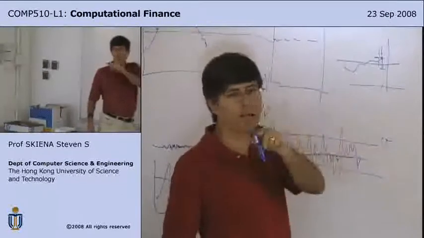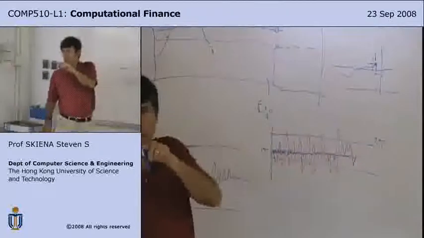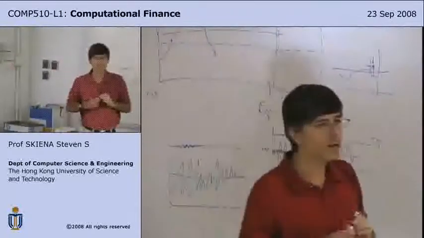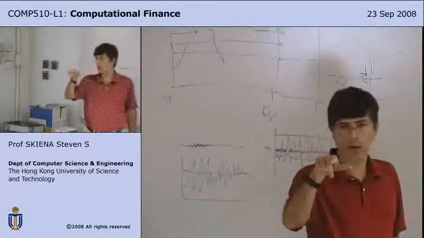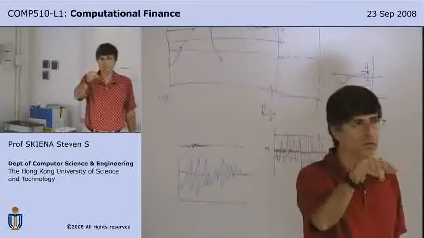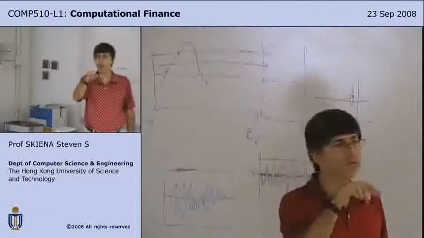And this is something that's on a calendar, so you can predict this. So giving dividends is bad if you own a call, because it will lower the stock price. If you have the stock, it makes no difference. But if you have the option, it makes a difference. Any questions?